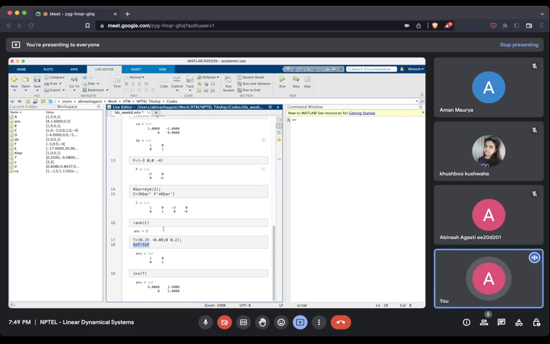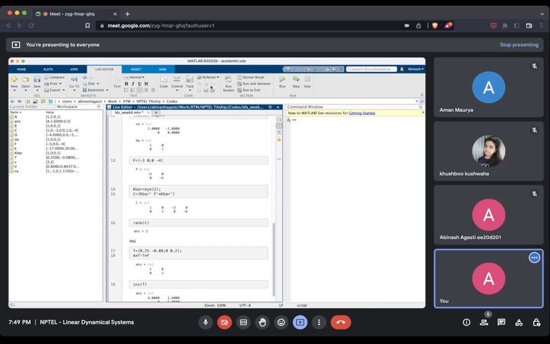So we need to check that T satisfies AT minus TF equal to B K bar.